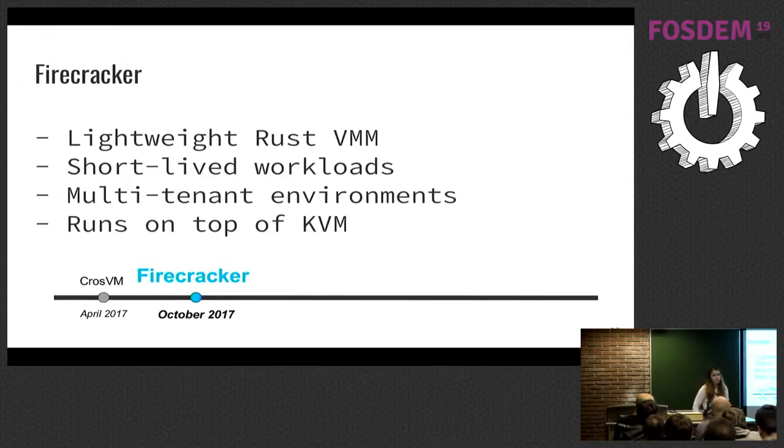Firecracker was also supposed to run on top of KVM, and we started our design process and analyzed the options that we had. We decided to go with Rust because it's a system language that offers memory safety, concurrency safety, and also has performance similar to modern C++. After some digging, we discovered CrosVM, and we decided to start our work from there.